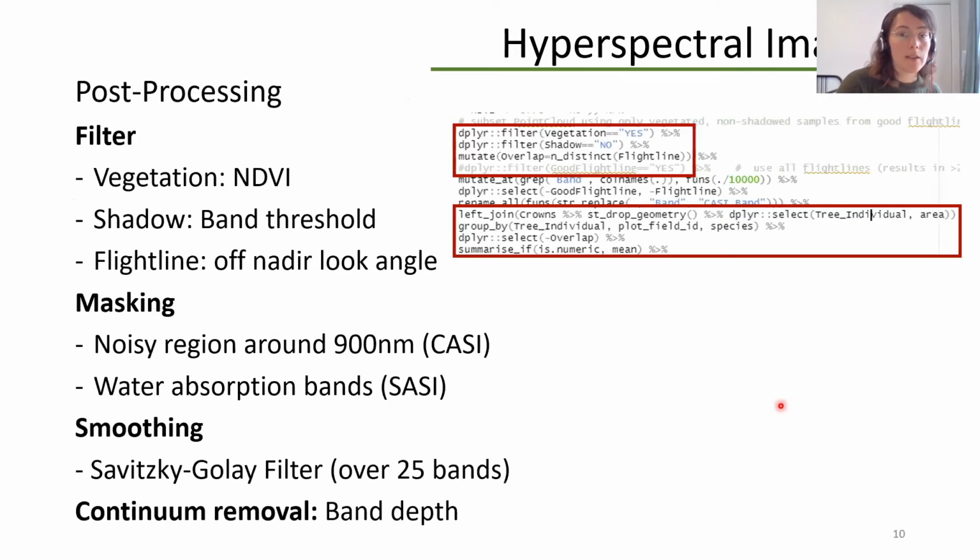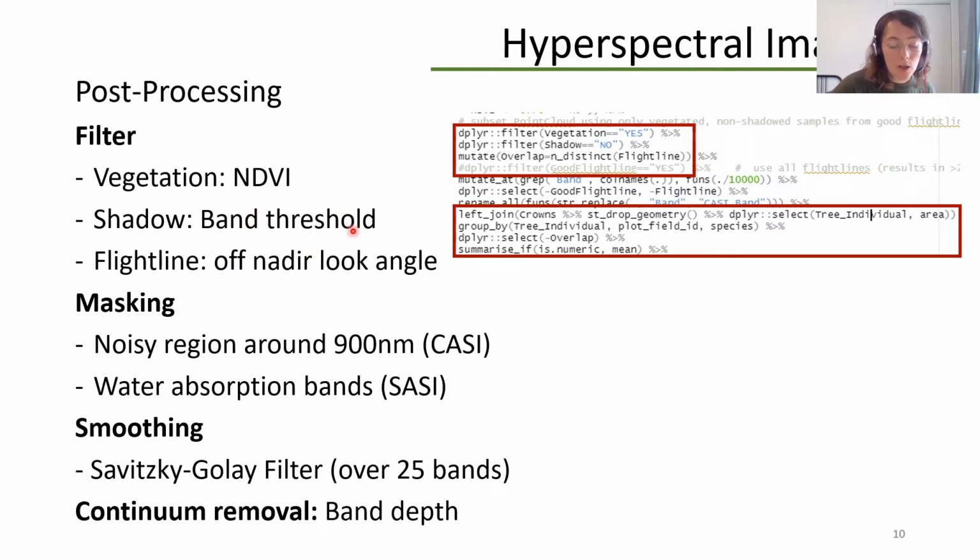And both data sets have undergone some post-processing steps, including, for example, different filters, such as a forest vegetation, non-forest vegetation filter using an NDVI threshold, or a shadow, non-shadow filter using a band threshold from the near-infrared.